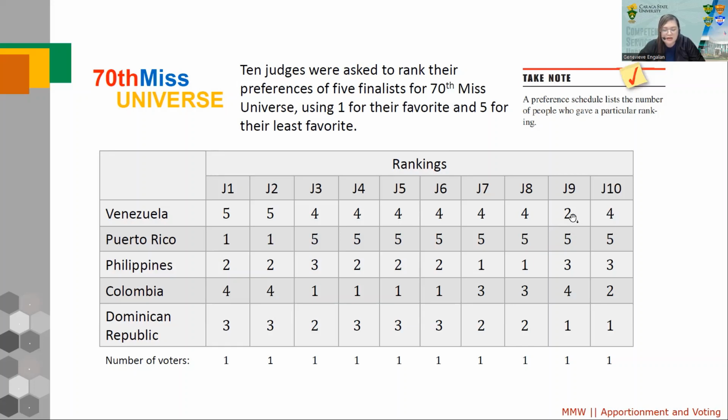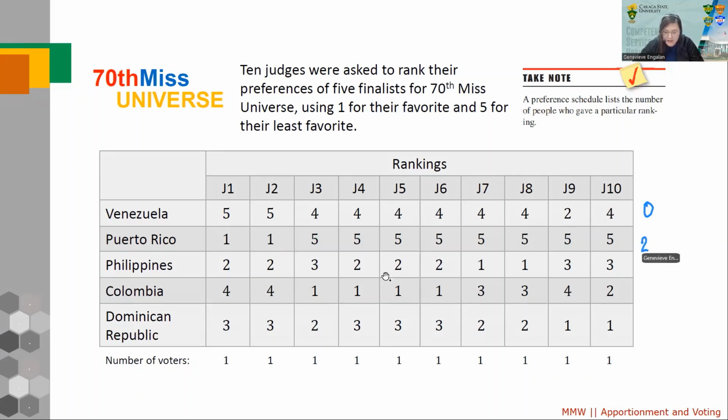So ang plurality method, i-count niya ang number of pila ka first, no? So for example, si Venezuela, pila man kabuok ang nag-vote sa iya og first? Wala, no? Zero na iyang point, kay wala may nag-vote sa iya. Si Puerto Rico, pila ka buok? Duha, ma'am.